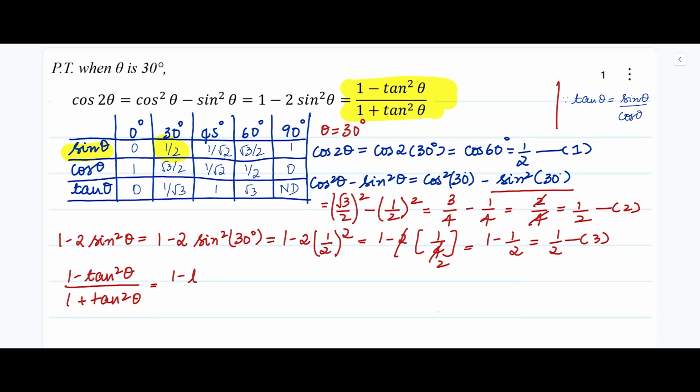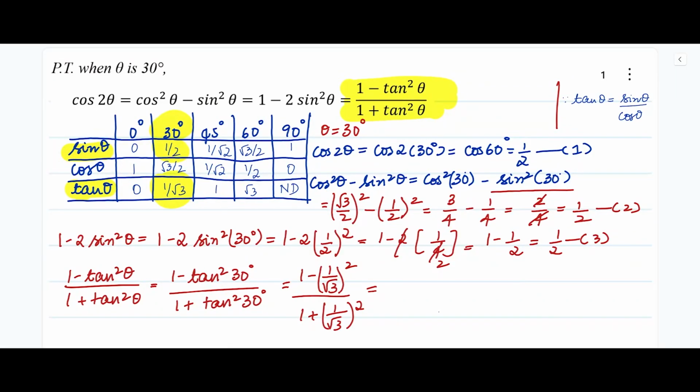When you do that, we will get (1 minus tan square 30 degrees) by (1 plus tan square 30 degrees). The value of tan 30 degrees is 1 by root 3. So when we substitute that in the equation, we will get (1 minus 1 by root 3 whole square) divided by (1 plus 1 by root 3 whole square), which is equal to (1 minus 1 by 3) divided by (1 plus 1 by 3).